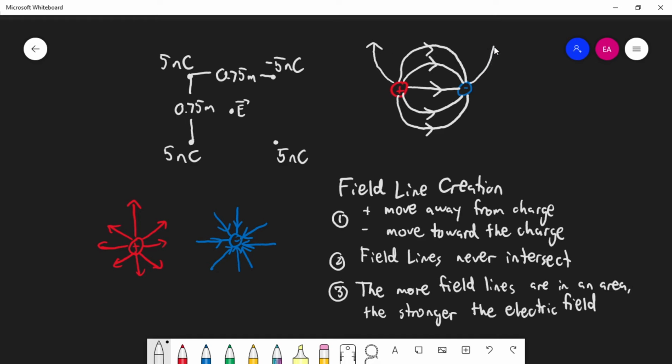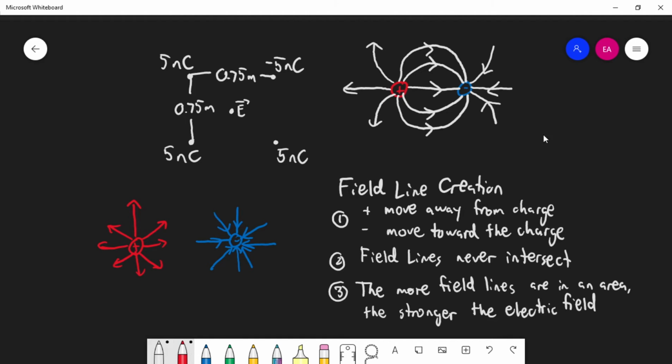Here, it will arc like this. And since these ones are moving on opposite sides, it goes like that. And finally, we have this direction here and this direction here. So this is the interaction between a positive charge and a negative charge.